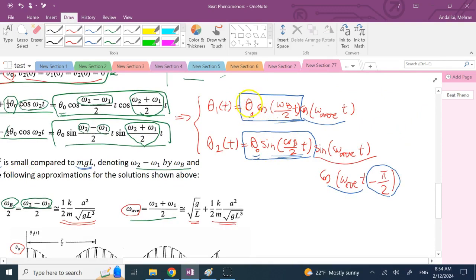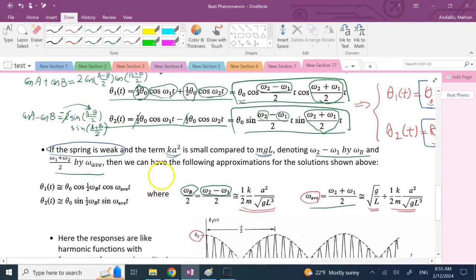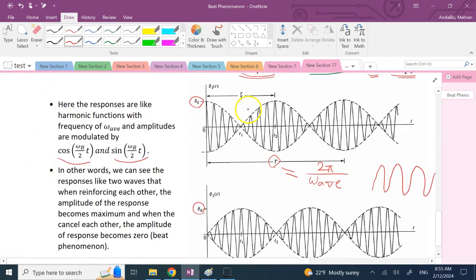So sometimes your amplitude is theta naught, sometimes it's negative theta naught, sometimes it's 0, because the sine or cosine becomes 0, and that is what you can see, right? So it's a sine function for which the amplitude is modified or modulated by these envelopes. And this envelope here, and this envelope, these are from what? For one of them it comes from cosine of omega b over 2 t.